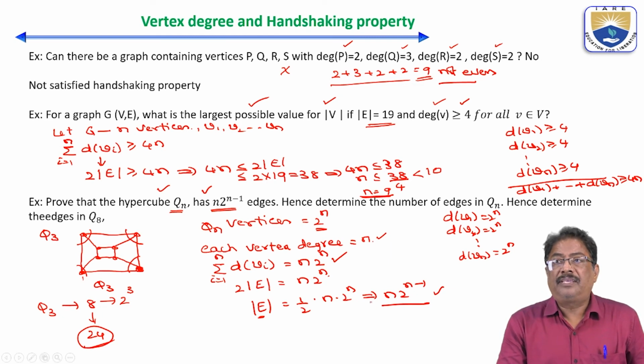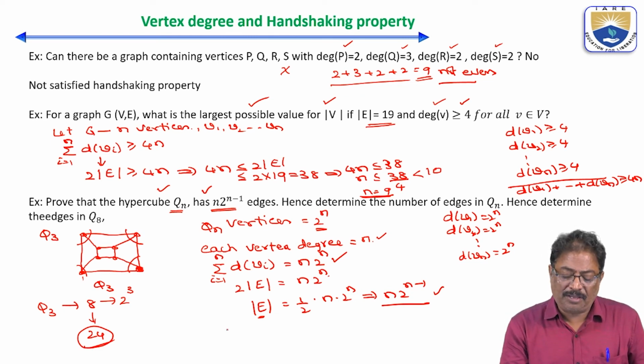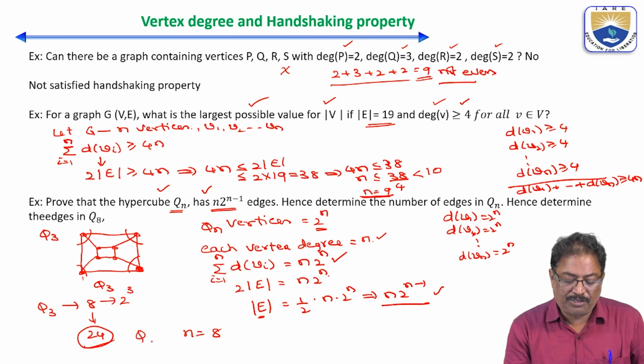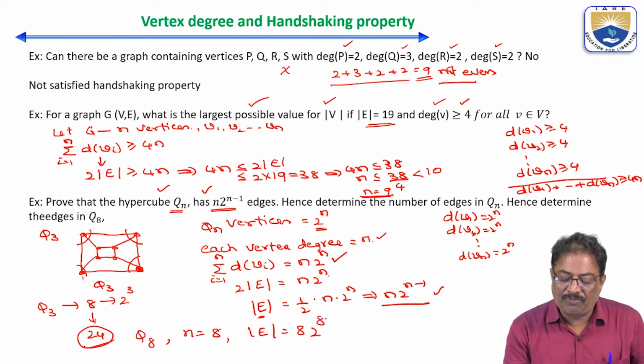Now, see, hence determine the number of edges in Q8. Just the number of edges in Q8, n equals 8. I am taking it as a particular case, Q8. So n is 8, which gives 8 into 2 to the power of 8 minus 1, so 8 into 2 to the power of 7.